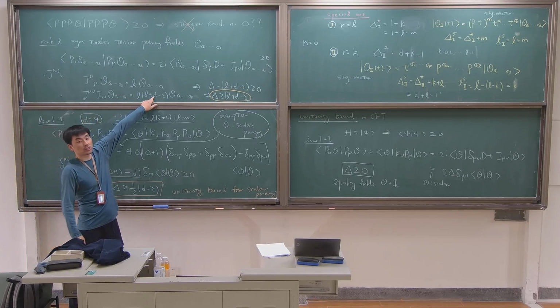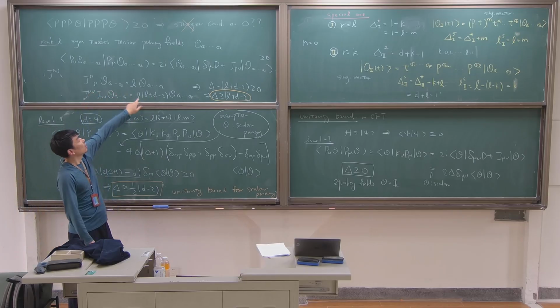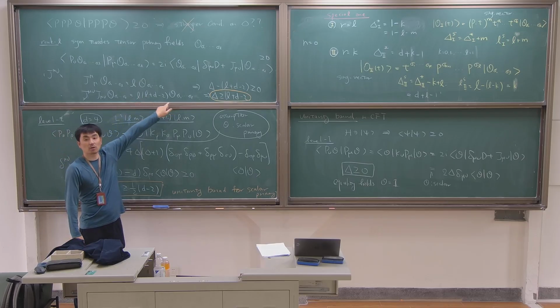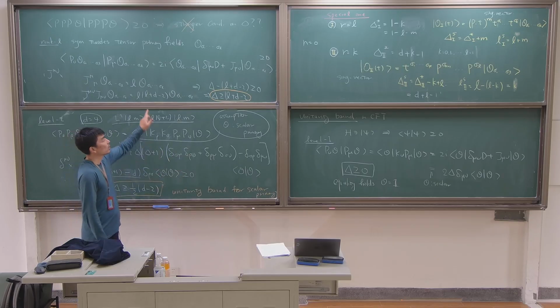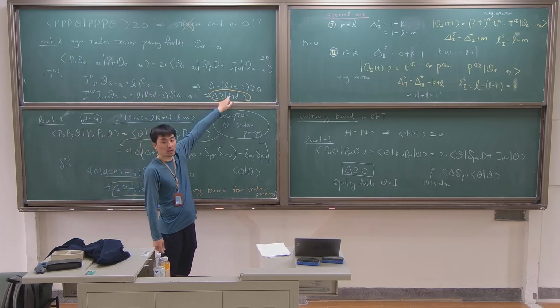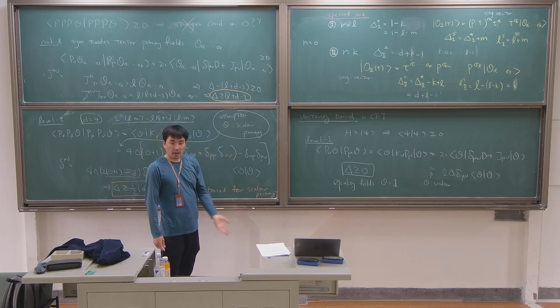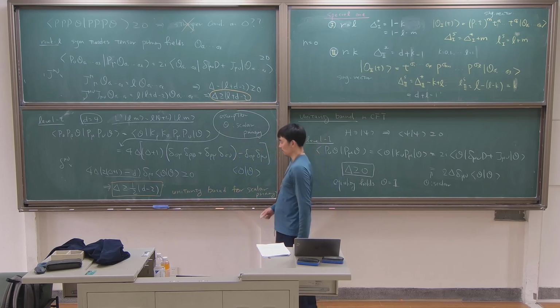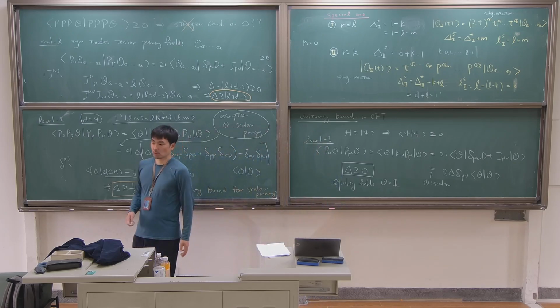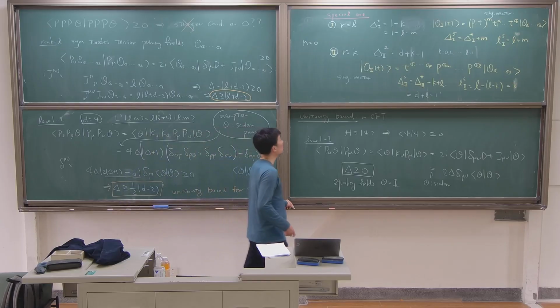So for general dimension, J squared will give you this kind of Casimir, L times L plus d minus 2. That condition will give you the unitarity bound for a rank L symmetric traceless tensor primary.